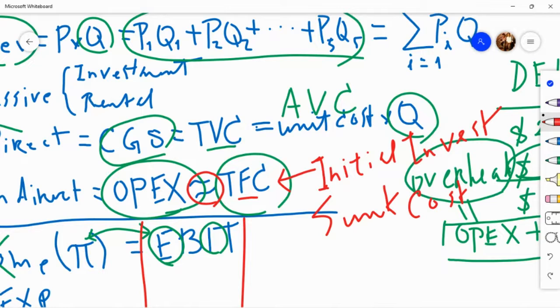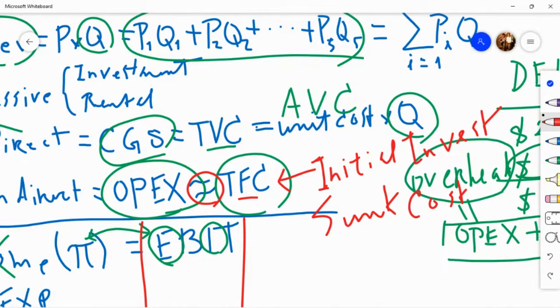Obviously, it doesn't make any sense. It would be very stupid of you if you walk away. You can't say no at this point, right? There's only one direction you can go, forward, right? You have to produce and sell and recoup this initial investment.